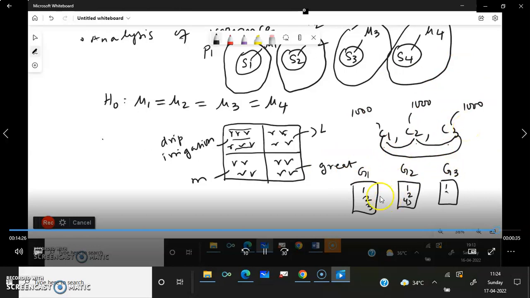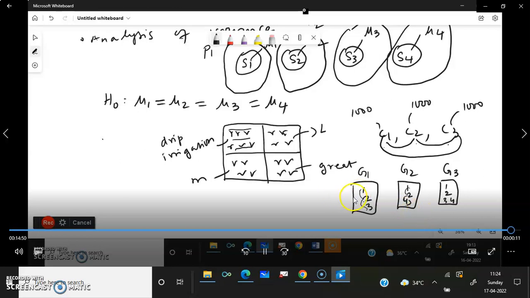Suppose I have three groups, G1, G2, G3. There are some students, for example, 3 students in group 1, 4 students in group 2, and 4 students in group 3. I am going to check whether there is any significant difference between these groups.